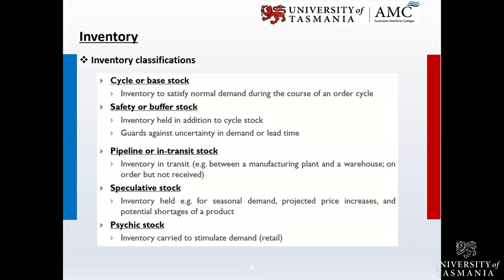Safety stock is to guard against uncertainty. Next is in-transit stock. For example, outbound transportation and inbound transportation. These kinds of inventories are in-transit stock. Also, there are speculative and cyclic stock. So, based on different functions, inventory can be classified into different types.